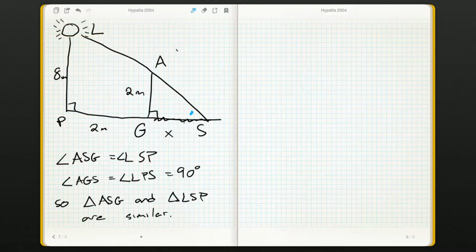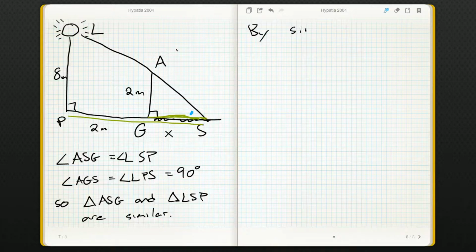Now the reason I want this is because I need to get some equation involving these known values and this x. So now I know that, since they're similar, this length, GS, is proportional to PS in the same way that AG is proportional to LP.